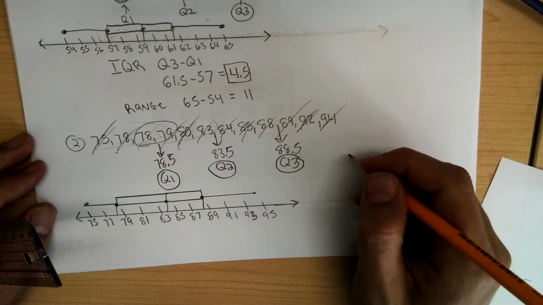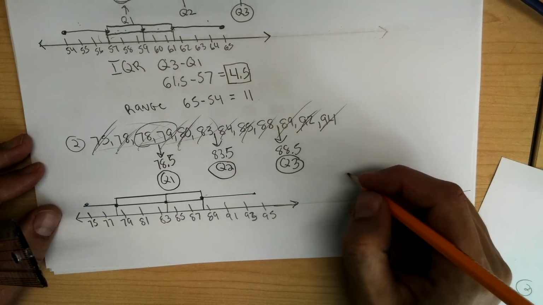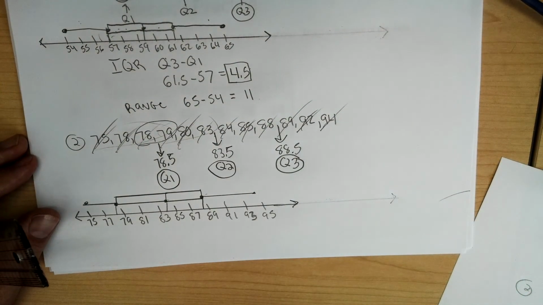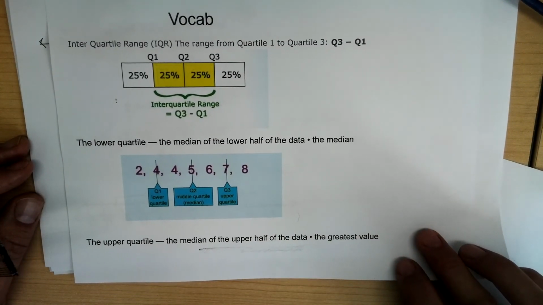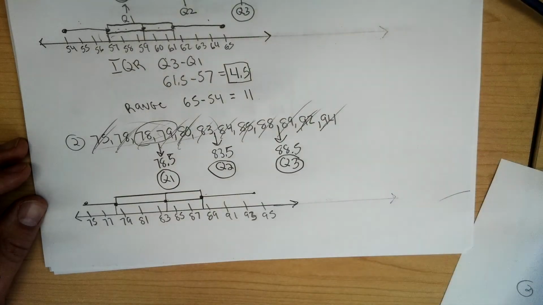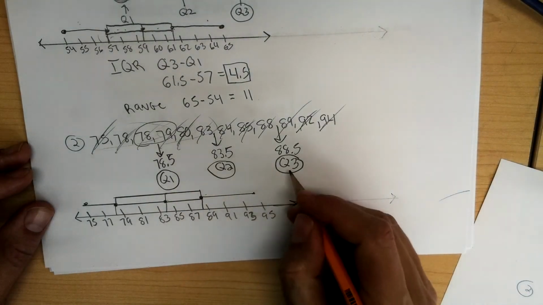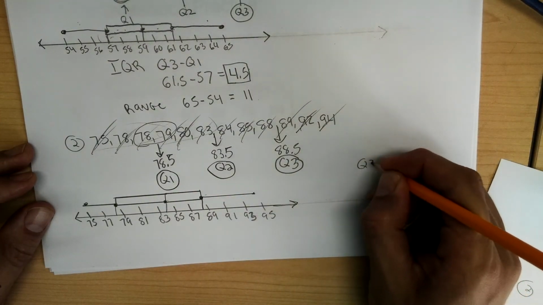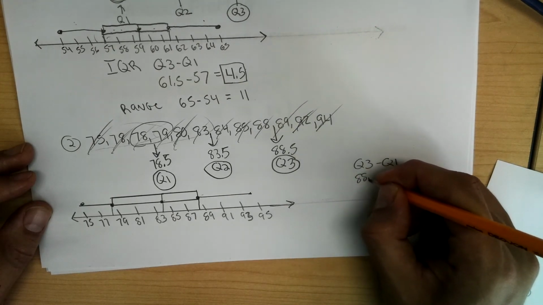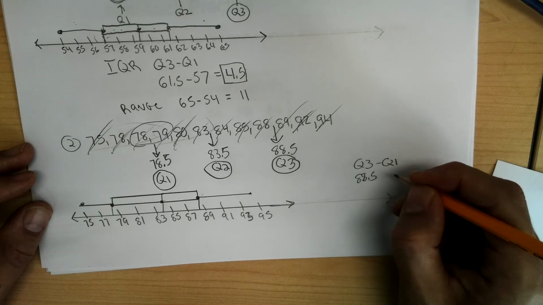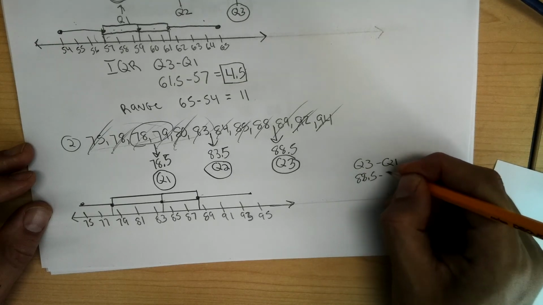Okay, so here we go. Let's find our IQR here. Remember, the IQR is when we do Q3 minus Q1. Our Q3 was 88.5, and our Q1 was 78.5.